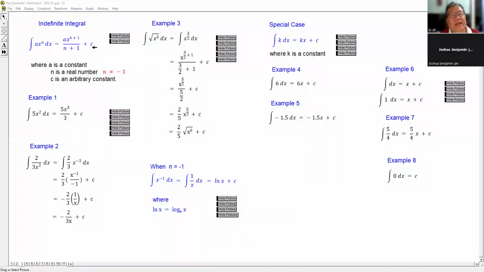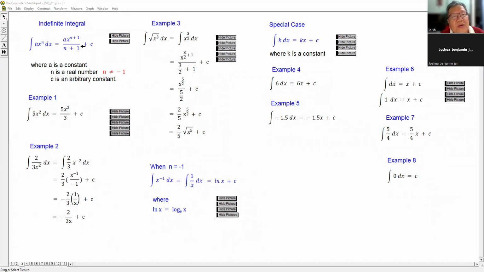Then plus an arbitrary constant. You can do this to all the terms involving x, but not the one with n equals -1. It cannot work with n equals -1.